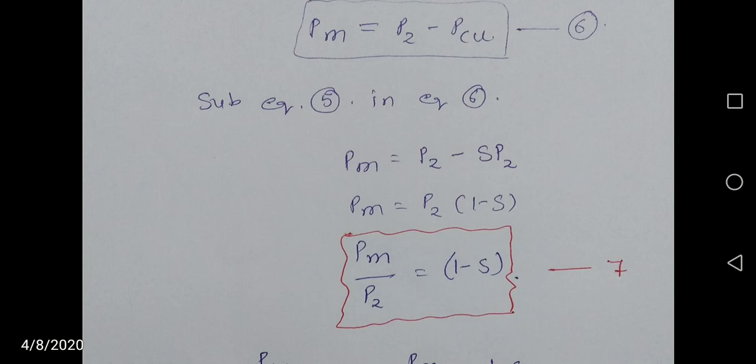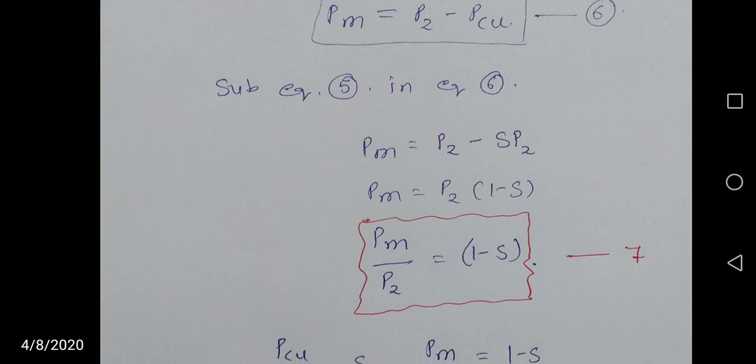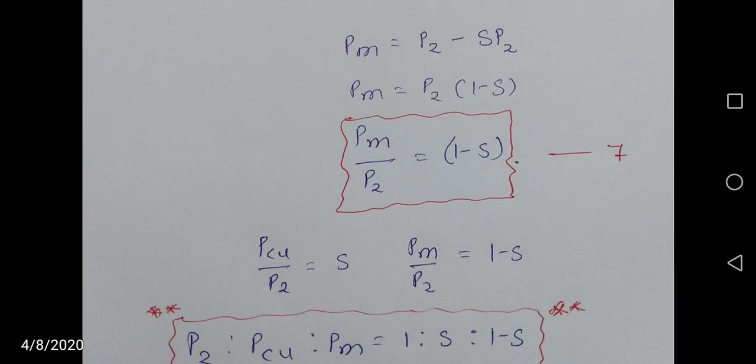So PM by P2 equal to 1 minus S. That is equation 7.